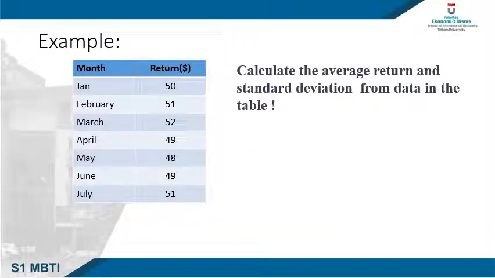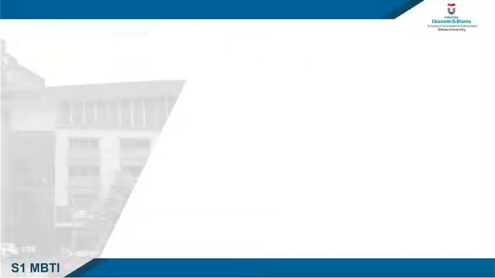So this is the example of 7-month returns, and the question is to calculate the average return and standard deviation from the data in the table. Okay, I write it down again over here. Here the month: January, February, March, April, May, June, July.